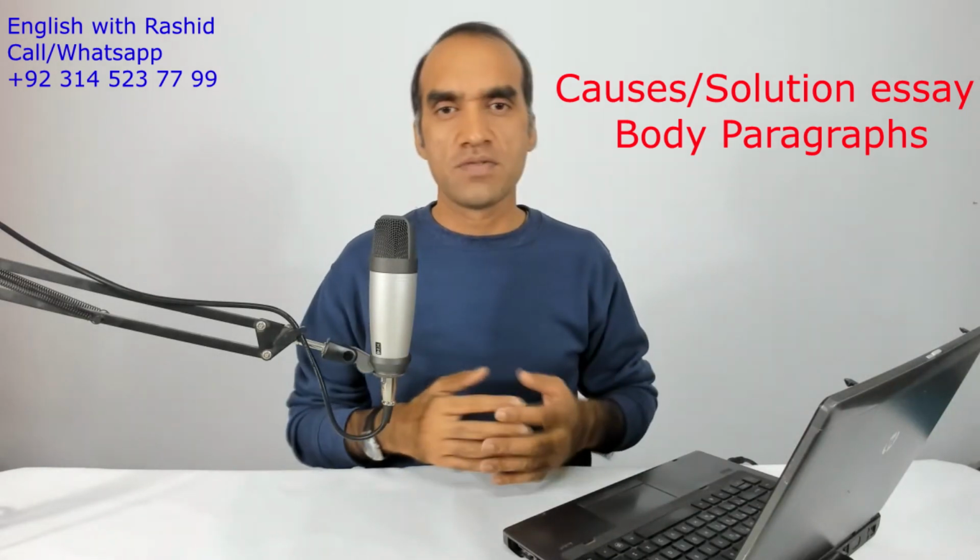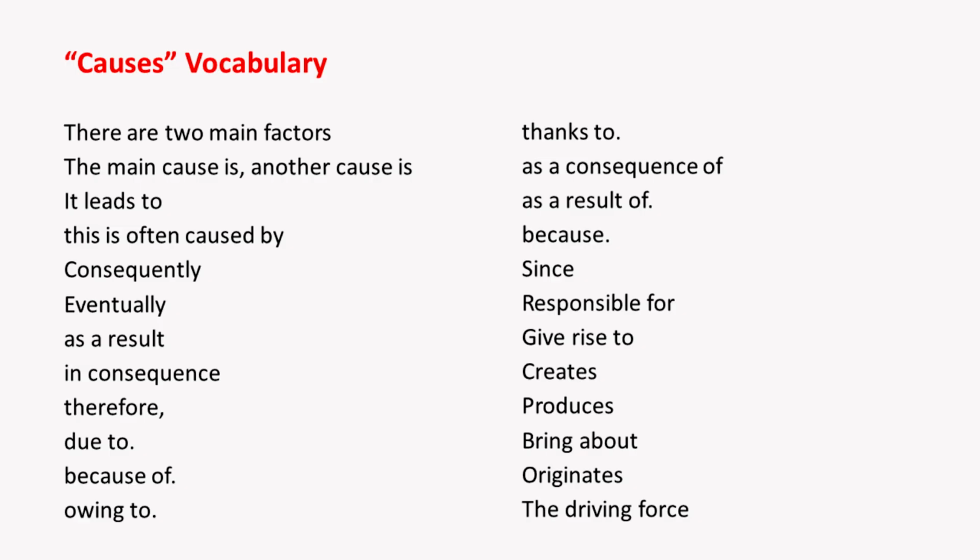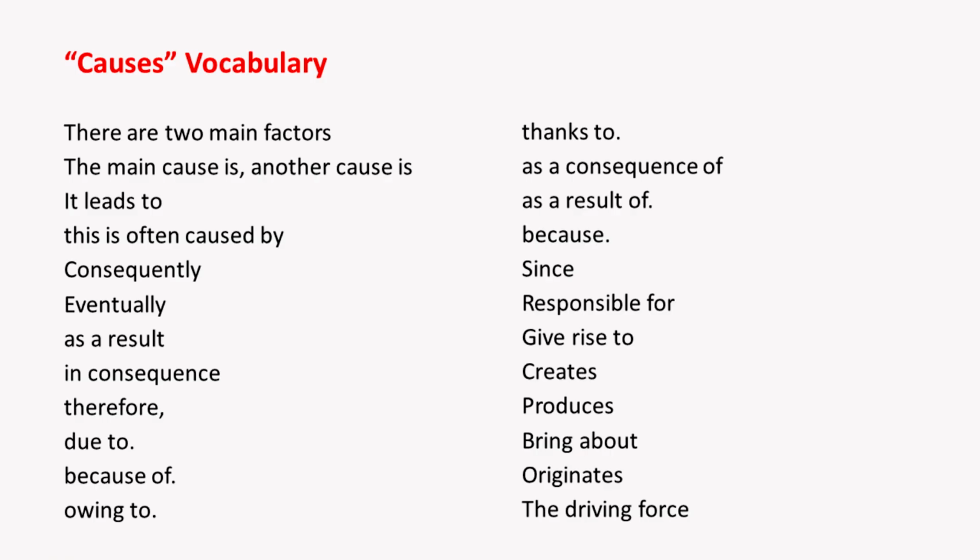Since you're going to talk about the causes of a certain issue, here is some vocabulary that can help you write your sentences clearly and in a better way. For example, there are 2 main factors. When you're talking about causes, in the first line, you can say there are 2 main causes, there are 2 main reasons.